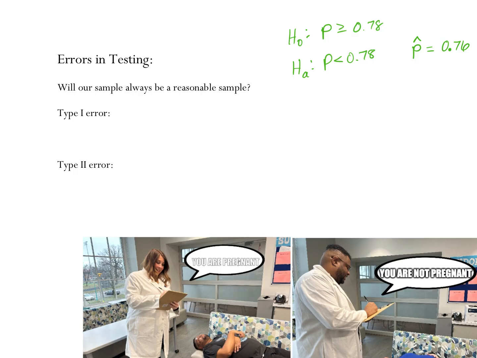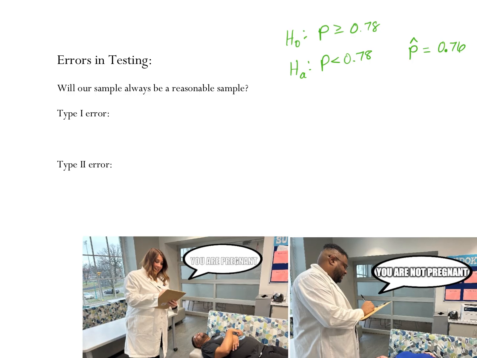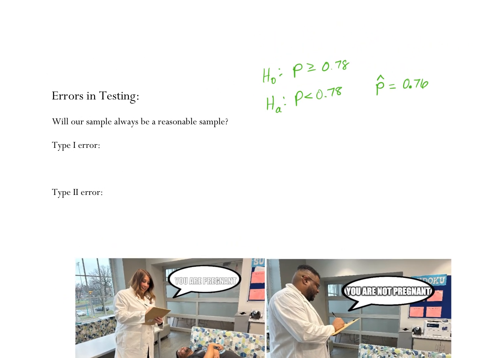So it's possible that you are making a mistake. Is everybody good? Now, in statistics, we have different types of errors, and you could be making one of these errors, and you didn't do anything wrong.